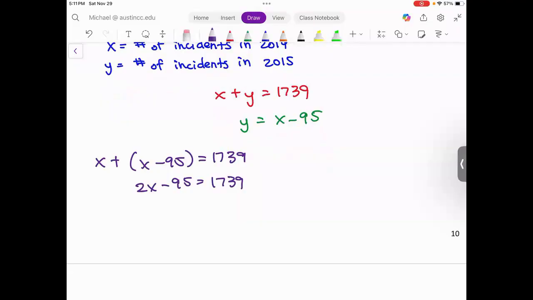Add 95 to either side. We get 2x equals 1834. Divide each side by 2, and we get 917.